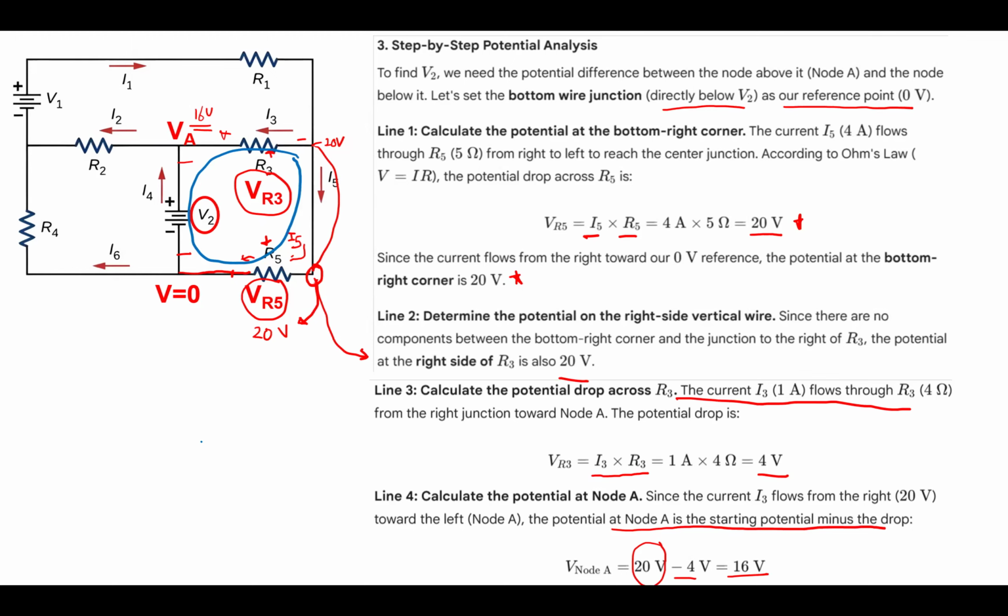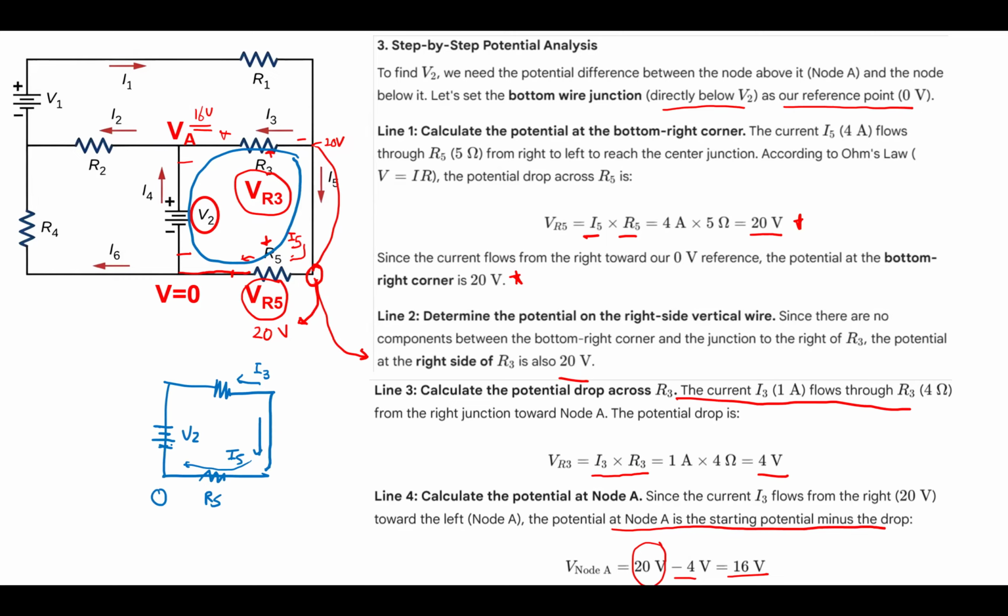And then the way we did was, so that here is the I5 this way, R5. And then here comes R3. So what we have found is that we set this position as 0.